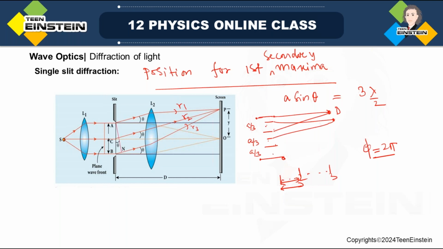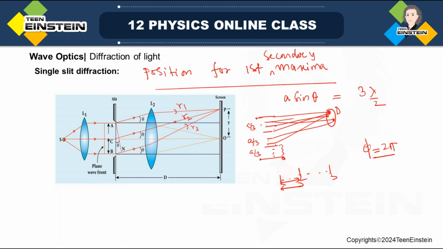Similarly, any point from here and its corresponding point, they will interfere destructively. But what about this portion? There is no conjugate point to destructively interfere with the wavelets coming from this particular portion.